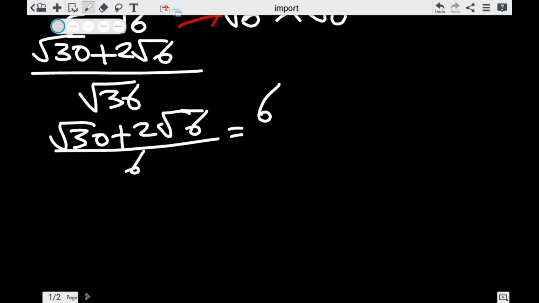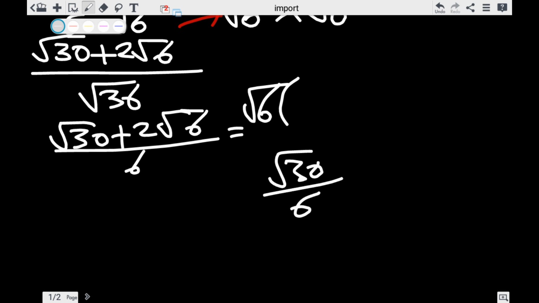Now when you want to create your bracket, take root 6, not 6, it's root 6, then bracket: root 30 divided by root 6, you should get root 5.